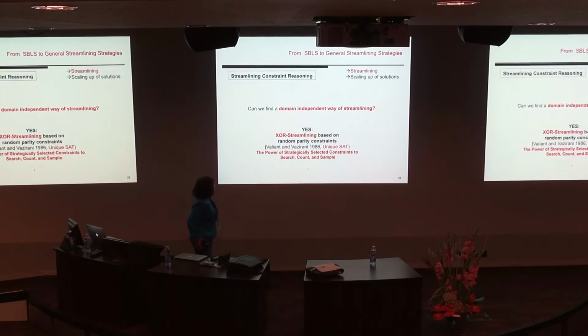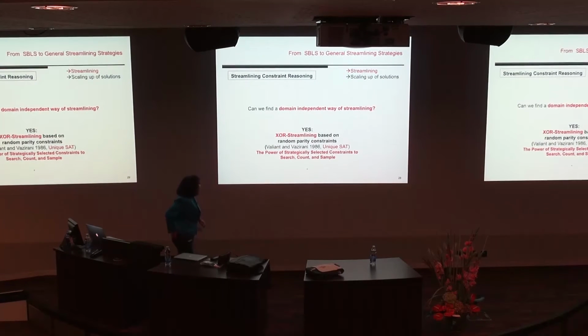Basically the idea was based on a very interesting result by Valiant and Vazirani. They showed that unique SAT is hard, and they showed it by using random parity constraints.